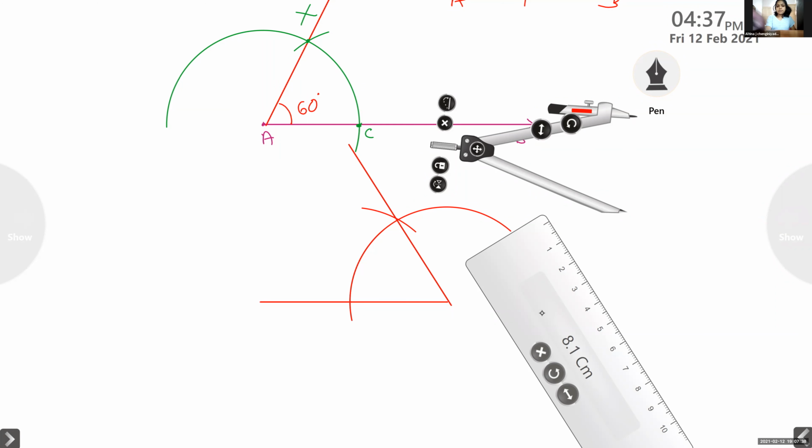Then that long arc will cut the baseline, right? Yes, ma'am. At this point, give it any name, C or D. Now take your compass with the same measurement, don't move the compass, and keep it on C. Cut an arc on the long arc which you have drawn earlier.